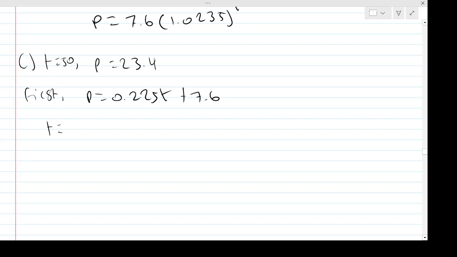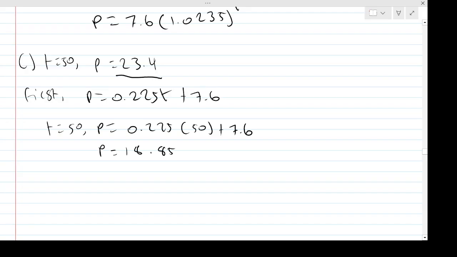So t is 50, P is 0.225 of 50, add 7.6, which would get me 18.85, right? I guess it's not miles away, but it's not ideal, really. 23 to 18, it's not the closest, but let's have a look.